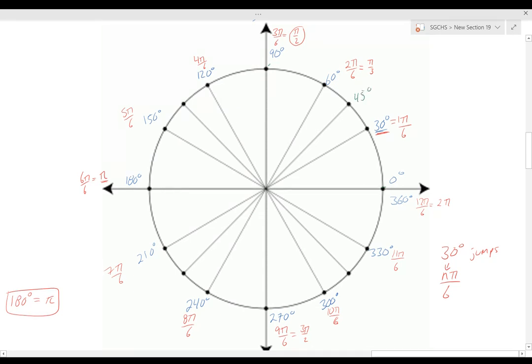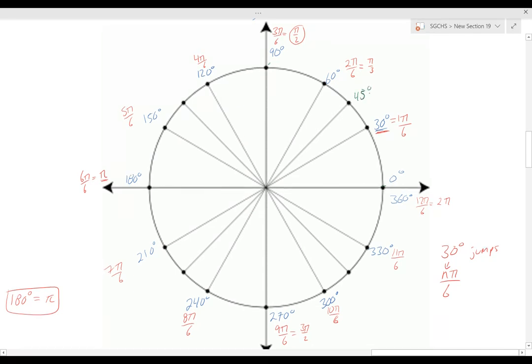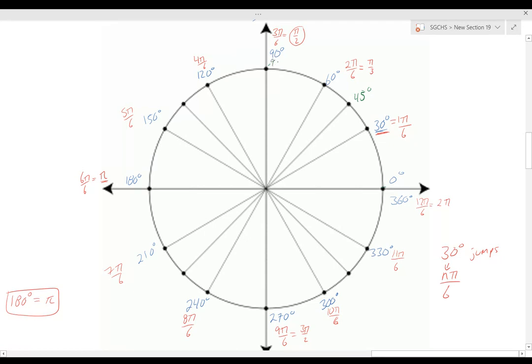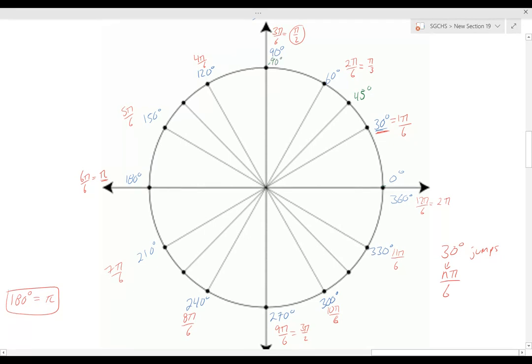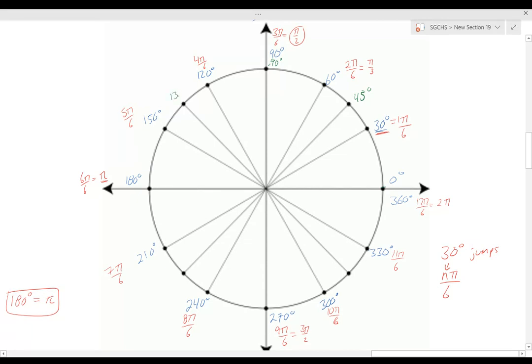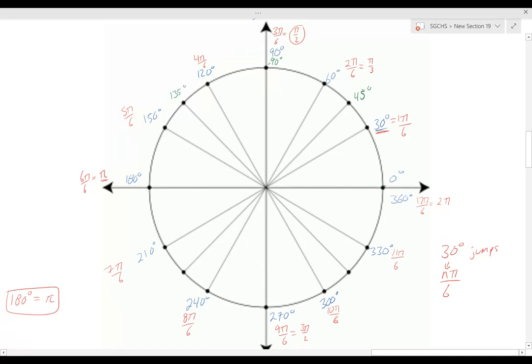Now if you go up by increments of 45, 45 plus 45 gives us 90. 90 plus 45 gives us 135 degrees. 135 plus 45 gives us 180 degrees.